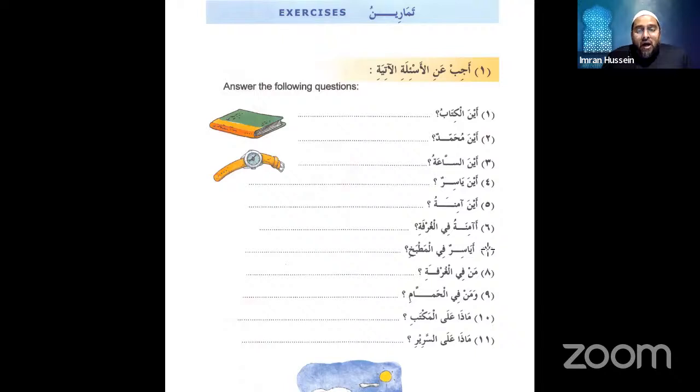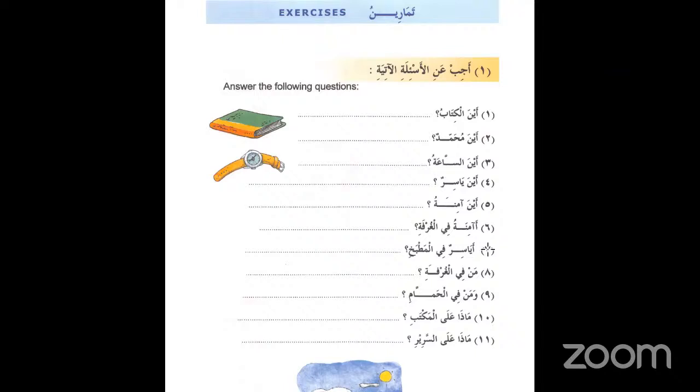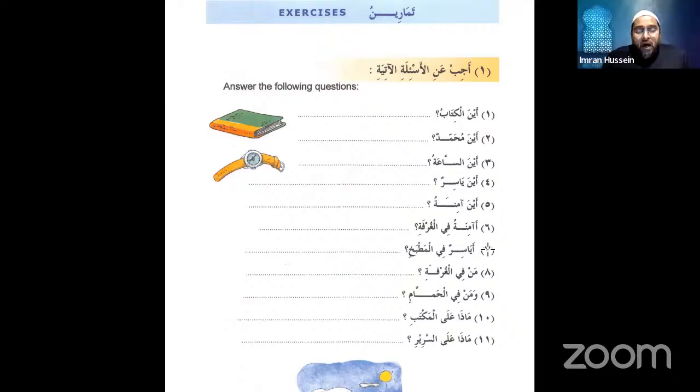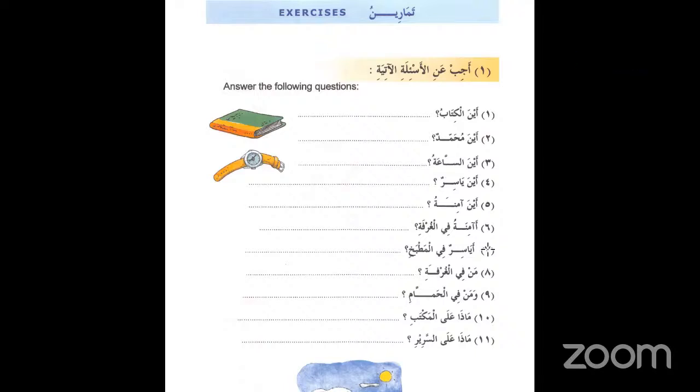It's a question. Aminatu fil al-ghurfati? Naam, hiya fil ghurfati. Or if you say yes, she is in the room, how would you say that? Naam, hiya fil ghurfati. Excellent.